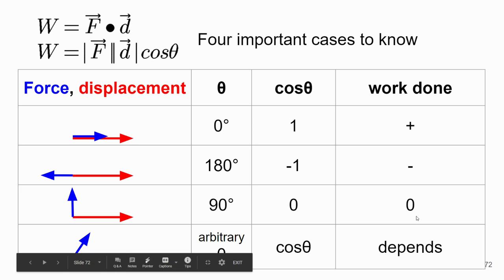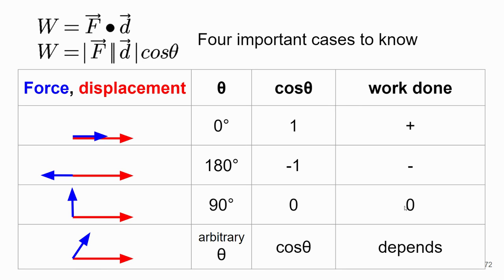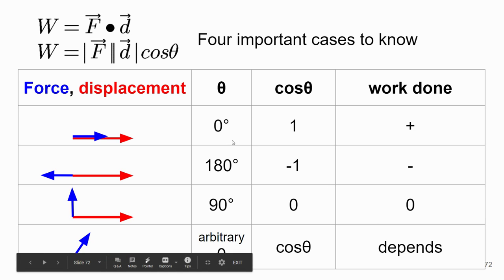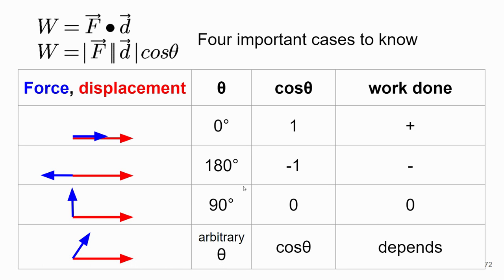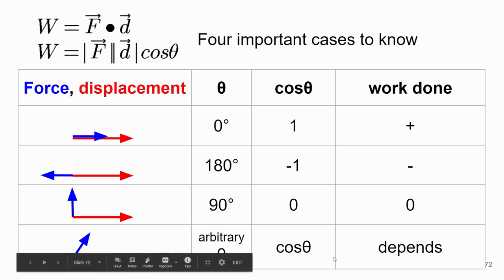The force wasn't 0, the displacement wasn't 0, but the work done was 0 because of the angle between them. And then the last case is just the general case. It's not any of these, 0, 180, or 90. It's just any angle. Ask your calculator, what's the cosine of that angle? And depending on what it is, you get positive or negative work.